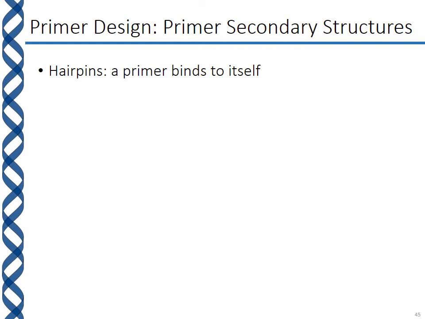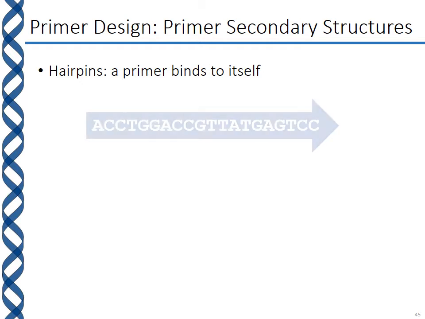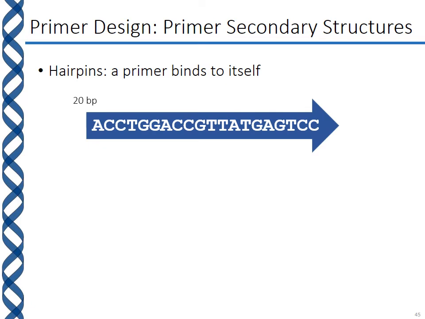A hairpin is quite simply where a primer binds to itself. So say, for example, we have this 20 base pair primer, and we're hoping that it will anneal somewhere that we want it to in our template DNA. That might happen. However, the problem with this particular primer is that there is some complementarity within the primer itself.